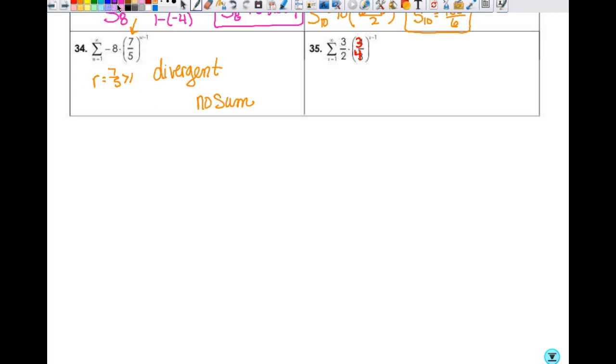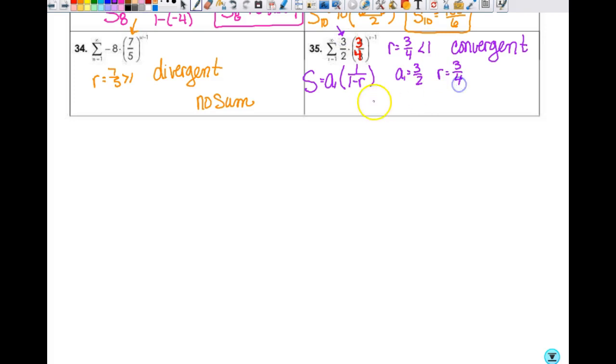So on this one, R is equal to 3/4, which is less than 1, so it's convergent, which means I use my infinite formula, and that infinite one is the sum is equal to A1 times 1 over 1 minus R. So I know that A1 is 3/2, it's right here, and R is equal to 3/4. So the sum is equal to 3/2 times 1 over 1 minus 3/4. And that's going to give me that the sum converges to 6.